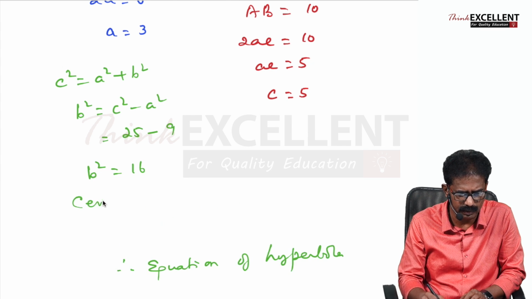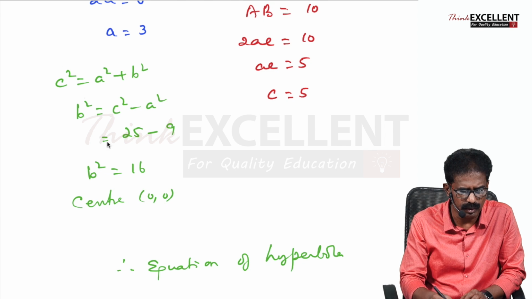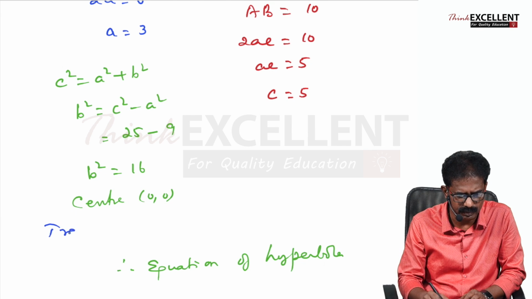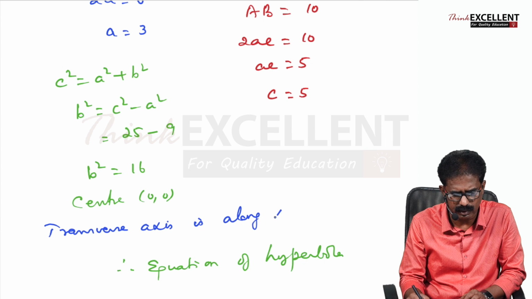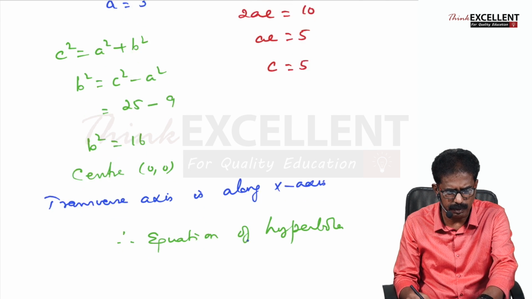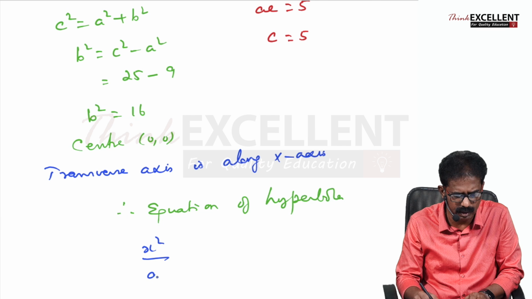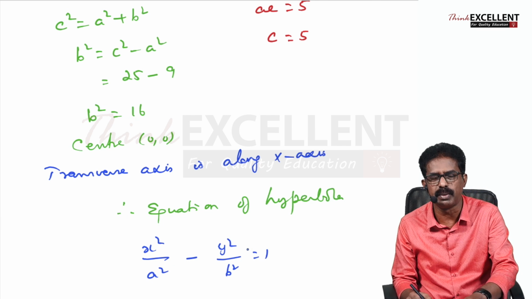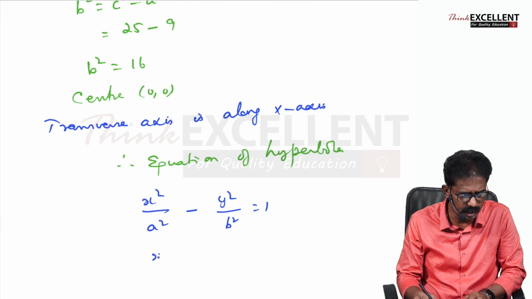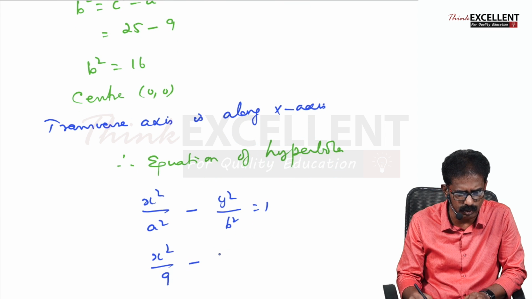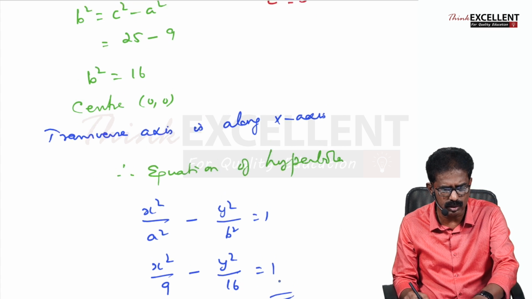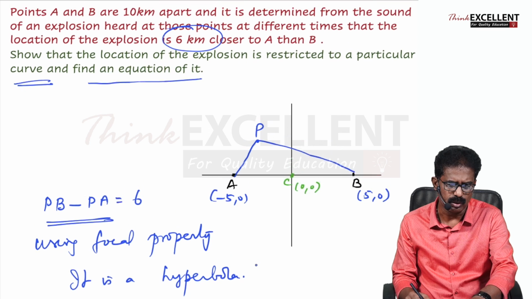So the equation of the hyperbola is x square by a square minus y square by b square equal to 1. Substitute the values: x square by 9 minus y square by 16 equal to 1. So using focal property, you can do this sum easily.